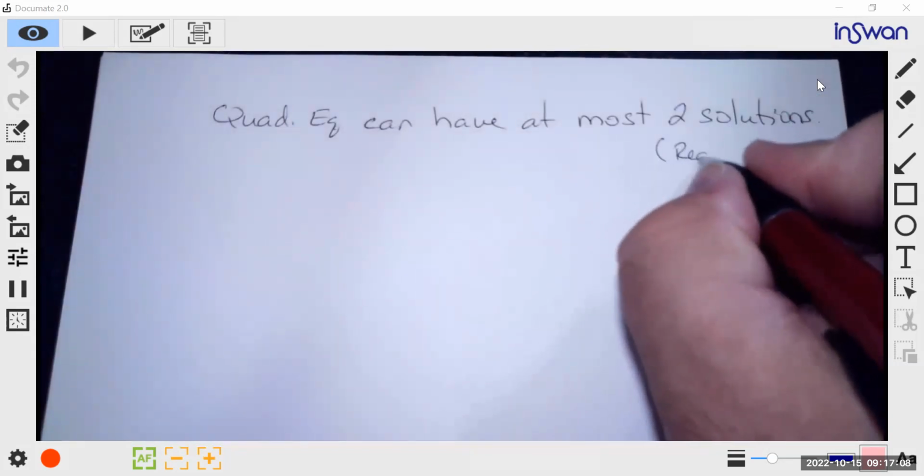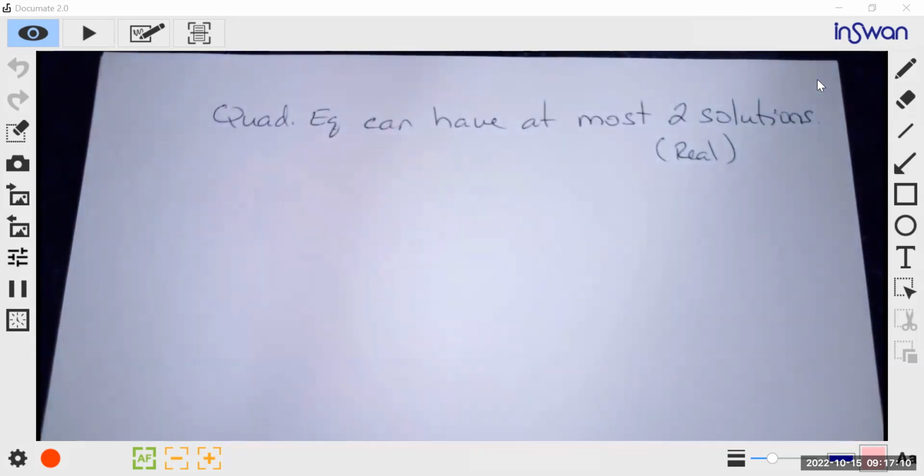Two real solutions. By real, I mean that they're from the real numbers. They're either going to be decimals, fractions, or integers.